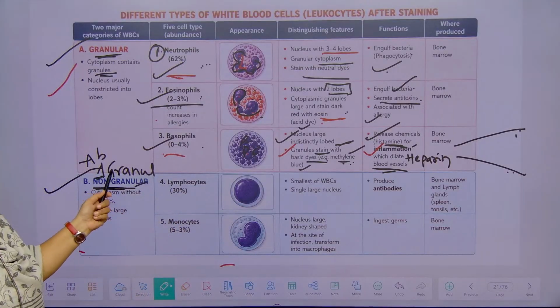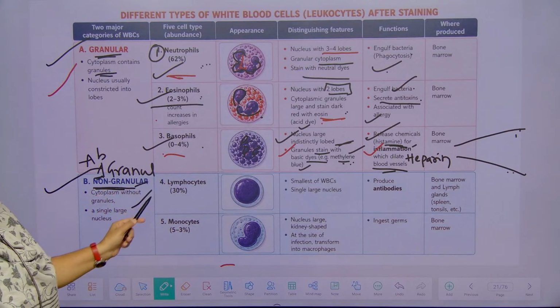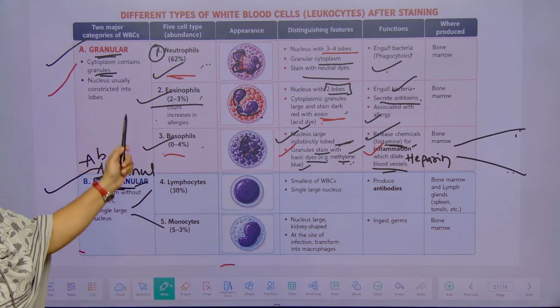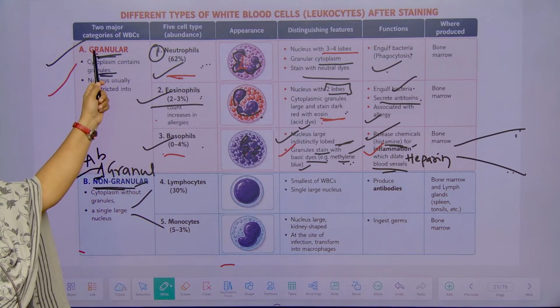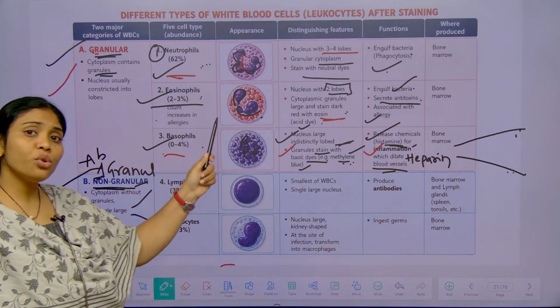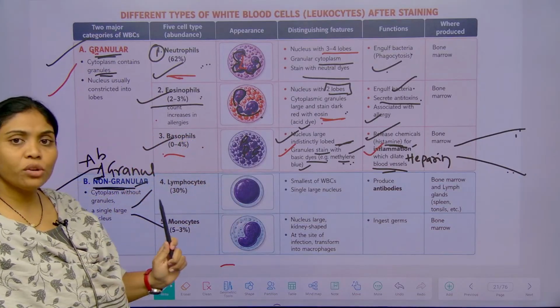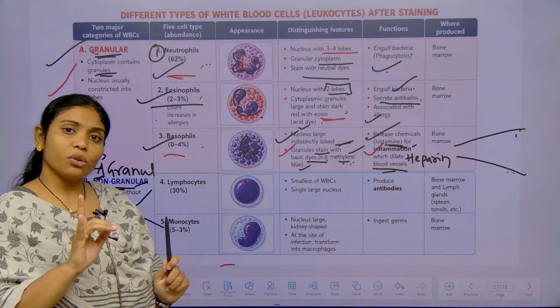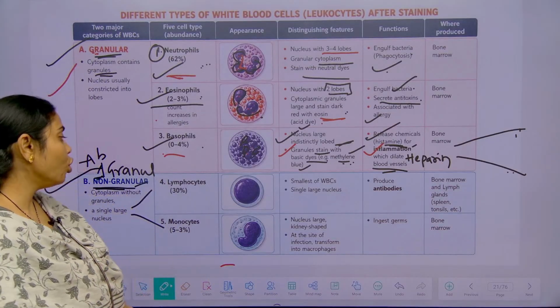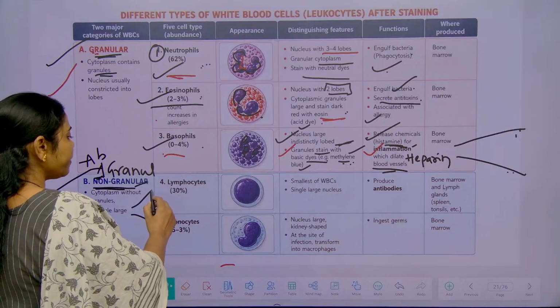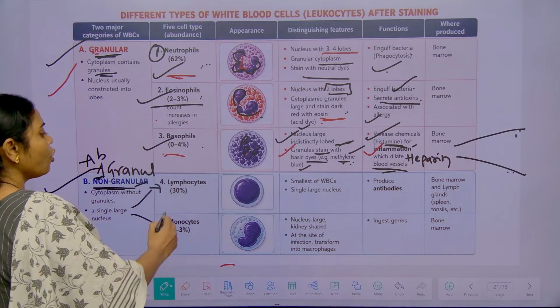Then coming to the non-granular cells, the agranulocytes, they are divided into two types. In granulocytes we have seen the nucleus has many lobes, but in agranulocytes the nucleus is single, there are no lobes. They are divided into lymphocytes and monocytes.